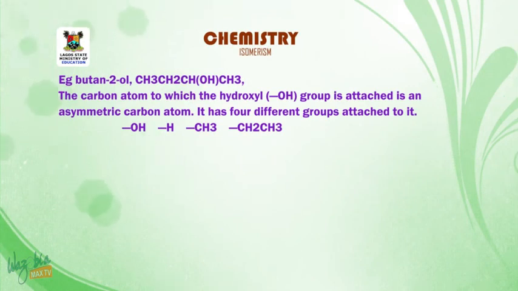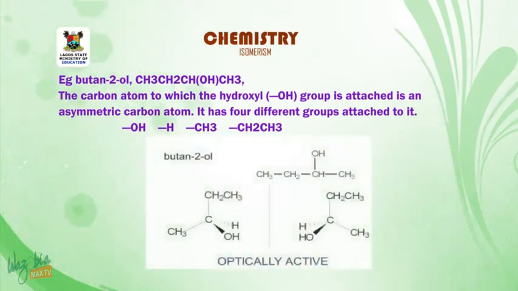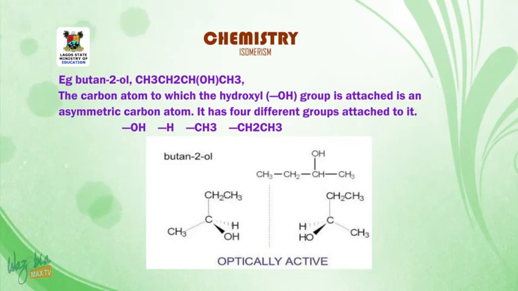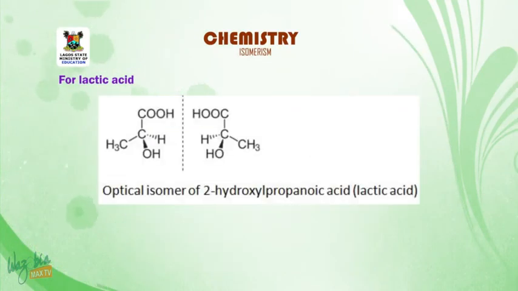An example can be found with butanol: the carbon atom to which the hydroxyl group is attached is an asymmetric carbon atom, so it has different groups attached to it, and so butanol is optically active. Another example of an optically active compound is lactic acid.